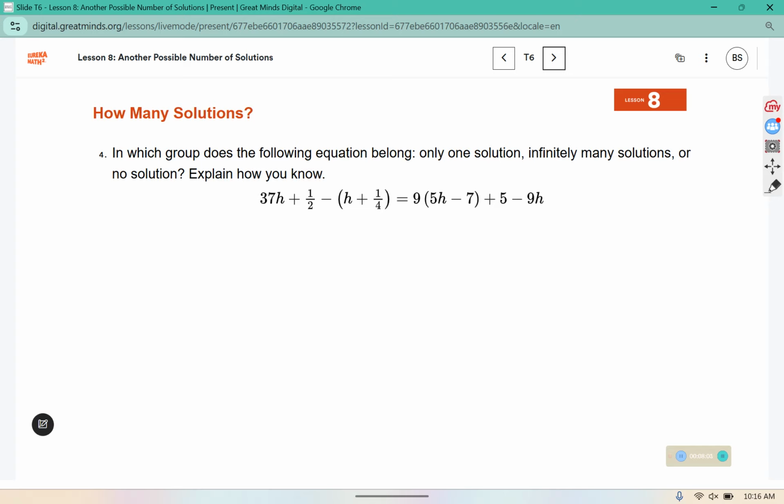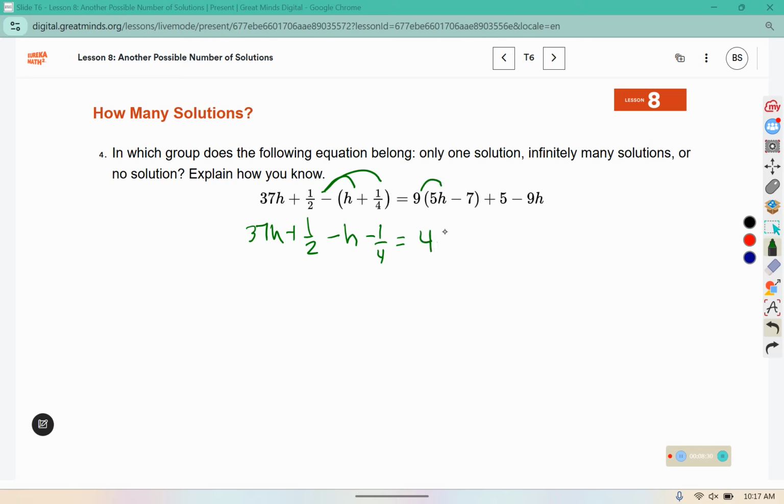In which group does the following belong? One solution, infinitely many solutions, or no solutions? Explain how you know. Well, we're going to explain by simplifying both sides or combining our like terms. So I have 37h plus 1/2. This negative gets distributed by changing them to the opposite. 9 times 5h is 45h. 9 times negative 7 is negative 63.